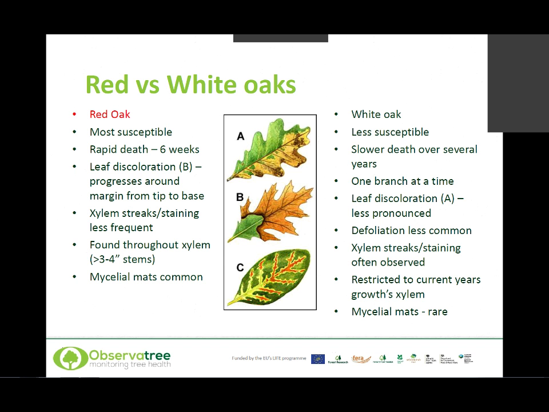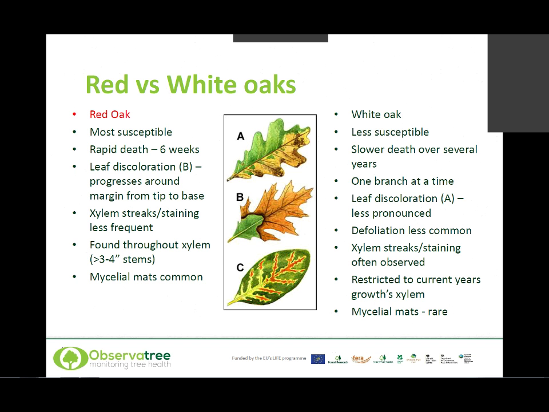In this country, we predominantly have white oaks, and we're very grateful that these are less susceptible. You get a much slower death, which may take several years for it to die, and it's a much more slow death and a slow wilt. And as you can see in A, the amount of damage to the leaves is less dramatic, but you do see a lot more staining in the vascular tissue.